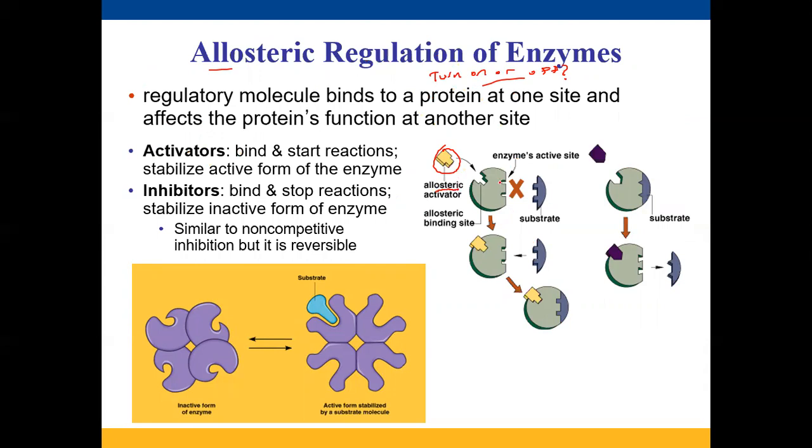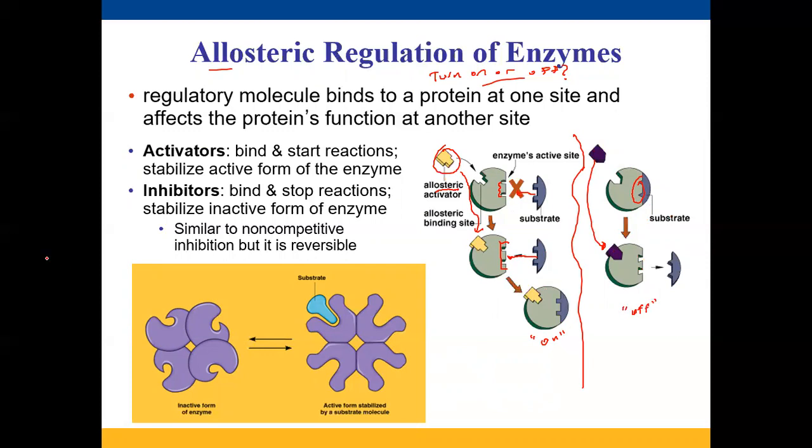If you look here, the active site won't allow this substrate to bind, but in the presence of that allosteric molecule, you cause the active site shape to change just a little bit, and now this molecule can bind, and essentially now it is turned on, okay? Now, if you look at the contrary on the other side, the active site shape is typically on, your substrate can come through and do its magic, but binding this molecule allosterically actually turns it off.